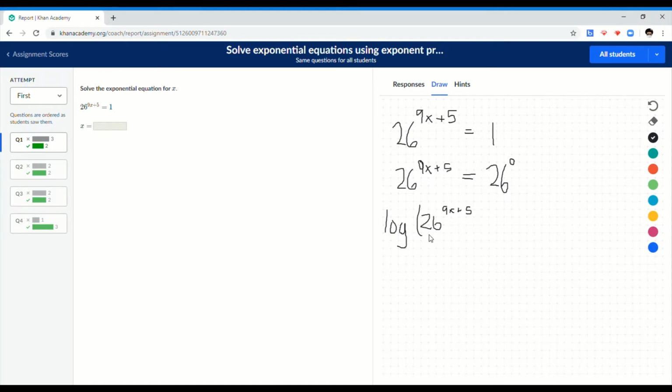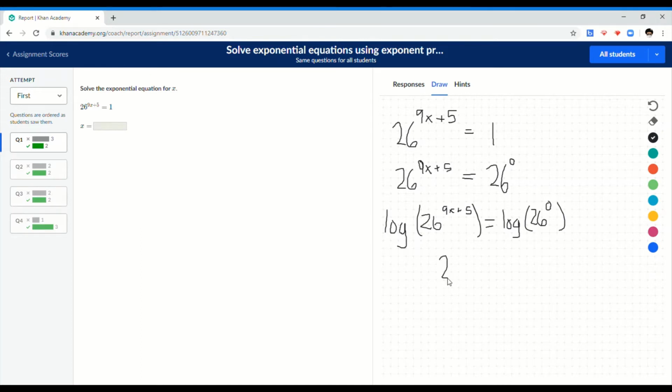What I do to one side, I do to the other. So the logs are going to cancel out with the base we're evaluating at. So log base 26 and the 26 will cancel out with each other.